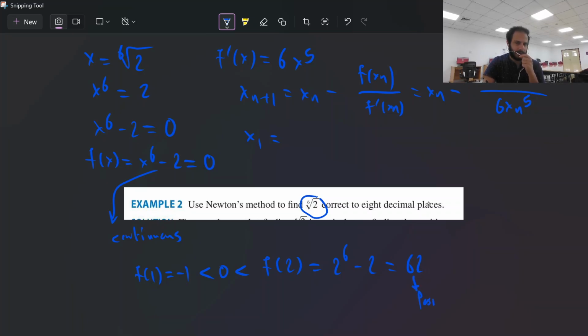Here positive, here negative. So we know that there exists a solution between 1 and 2. So the sixth root of 2 belongs to the interval (1, 2). The solution such that f(x) equals 0 is between 1 and 2.